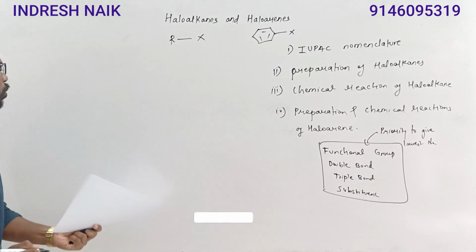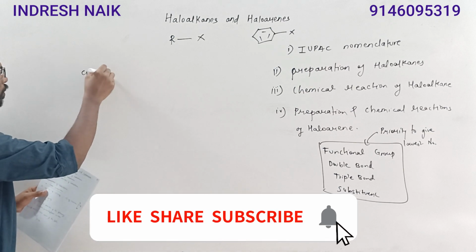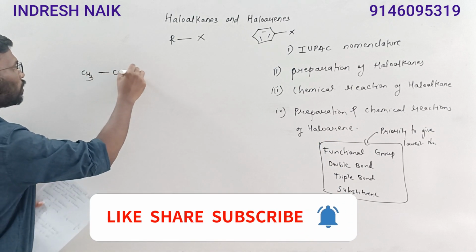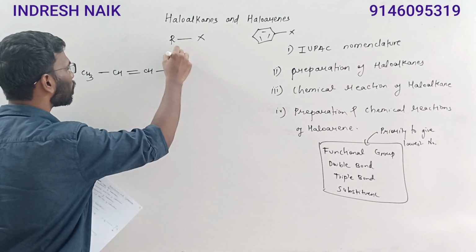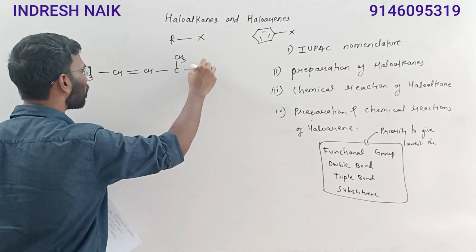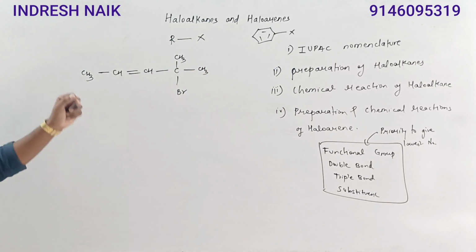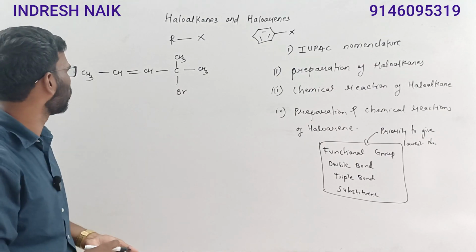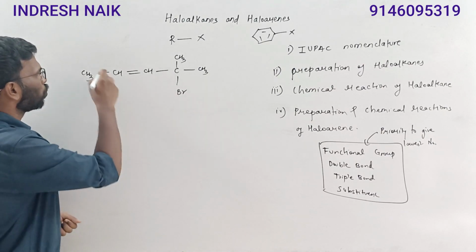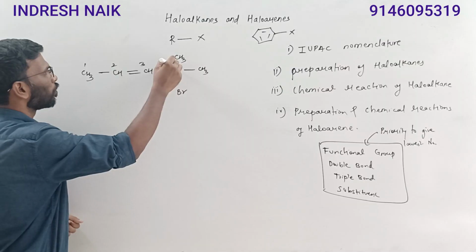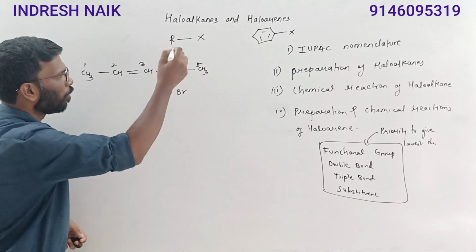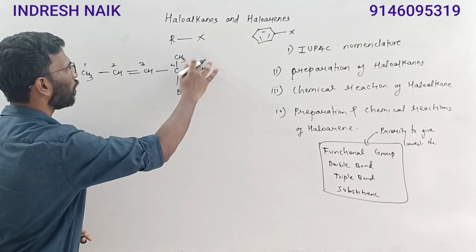If we have an example this way, CH3, CH, and Br is there. From where do you start the numbering? Again, the double bond should get the lowest number. You start from here: 1, 2, 3, 4 and 5. What are the prefixes over here?